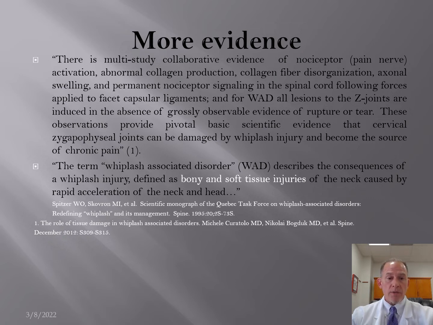However, if we quote Bogduck and Curtolo, this study here, we can state that there is multi-study collaborative evidence of pain nerve activation, abnormal tissue healing, which they say is abnormal collagen production and collagen fiber disorganization, axonal swelling, potentially nerve root damage producing radiculopathy, and permanent nociceptor signaling in the spinal cord following forces applied to the facet joints. So this is something that is not seen on plain film X-ray or MRI. However, we have these changes in function regarding the tissue site and the tissue injury.